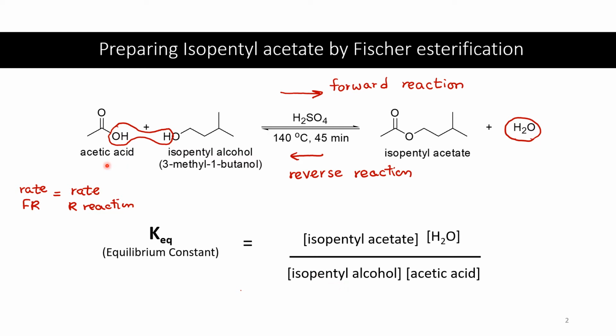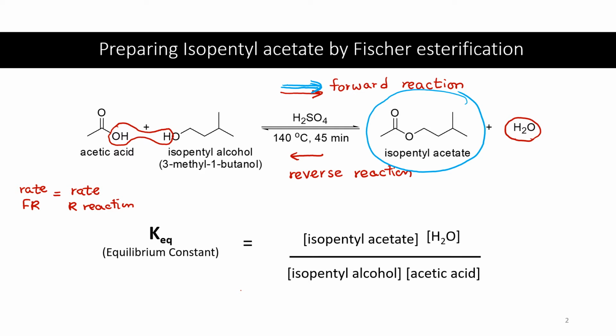So whatever amount of reagents that we add in the beginning, this reaction is going to stop or achieve equilibrium at some point, and after that the concentration of the product will not change. But in order to obtain a high yield of isopentyl acetate, we need to manipulate the system in order to favor the forward reaction, so we will be able to get a lot of isopentyl acetate.